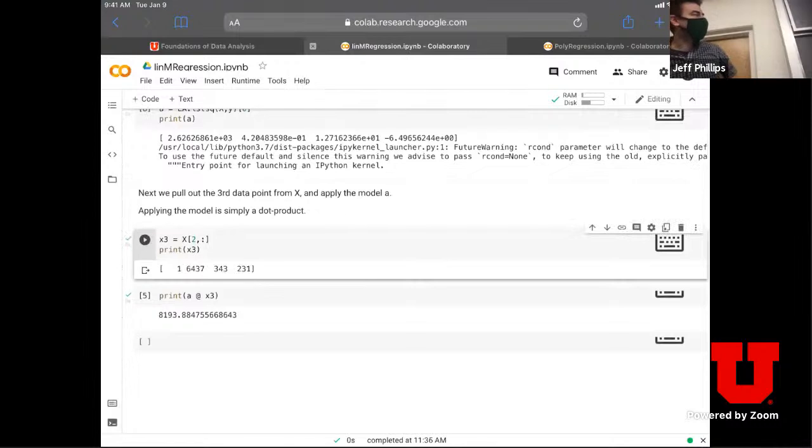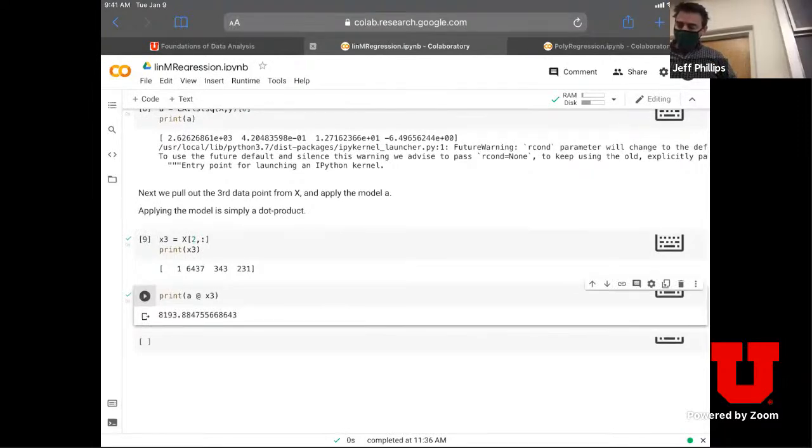And then to evaluate it, I can evaluate at a data point. This is one of the data points in the model. This was the third one down, so index 2. To get the prediction of the amount of money I would spend, it's just a dot product. I have my A vector, short for alpha, and I do A dot x3, and I get out the solution. I predict that it's going to spend $81.93.